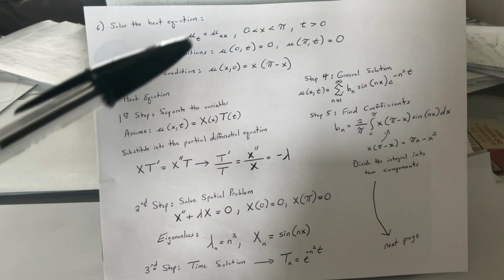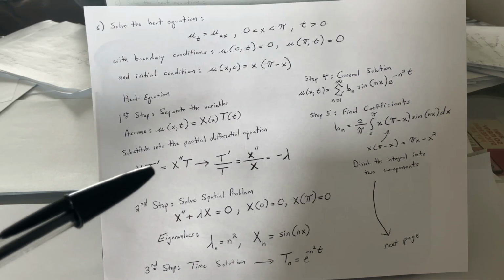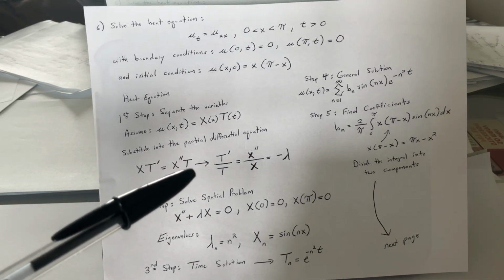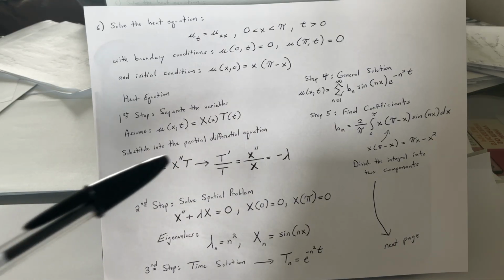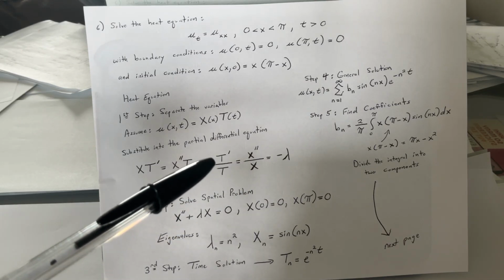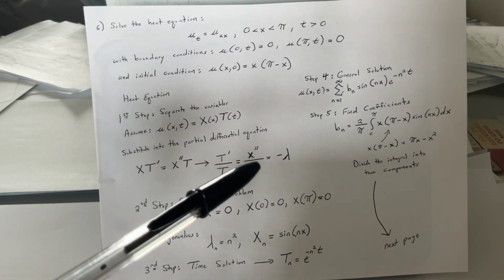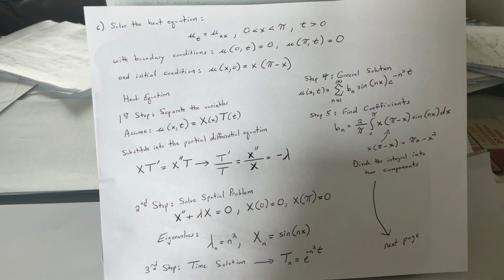Substitute into what we're given. Now we're going to have X times T prime equals X double prime times T. And if we set up a proportion here, bring the T's on one side, the X's on the other, you get T prime over T equals X double prime over X. Okay, so we're relating these two things here.